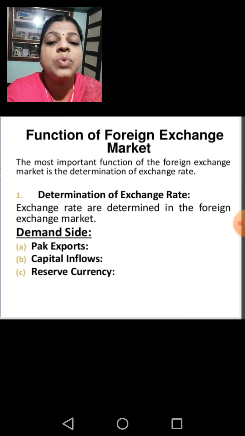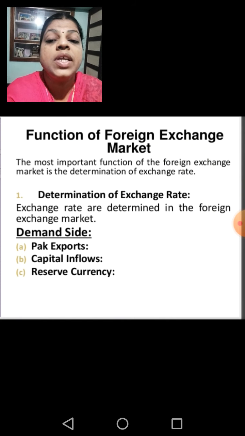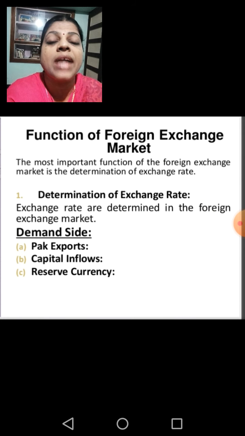So here in this module, we are going to discuss the factors which determine the exchange rate of different currencies. It is mainly related to the demand side and the supply side. We know that a country's exchange rate is determined by the market forces.